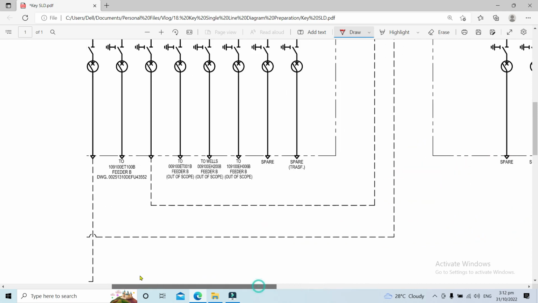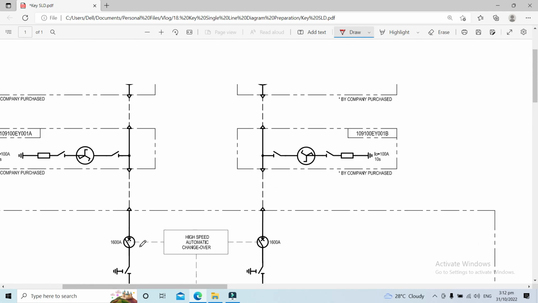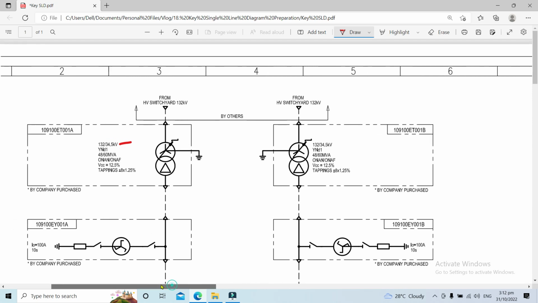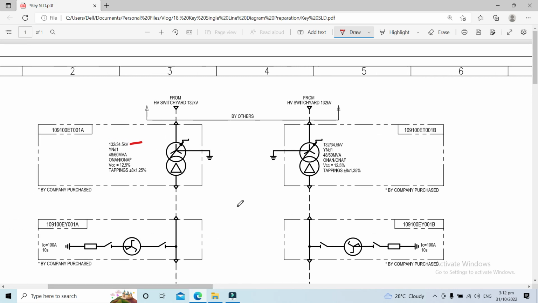So it is envisaged to mitigate the harmonics in the power system, and our transformer vector group has been decided to be YND1, where the secondary side of the transformer is connected in delta.